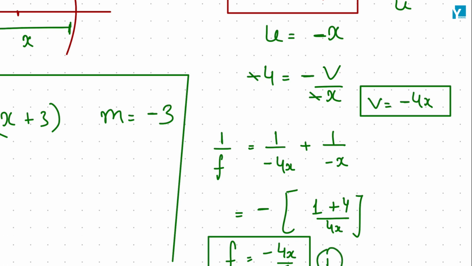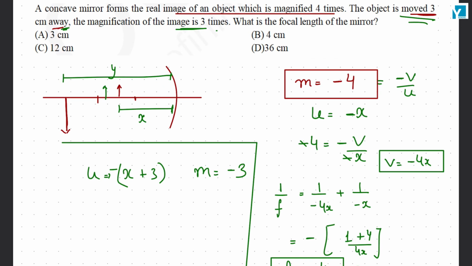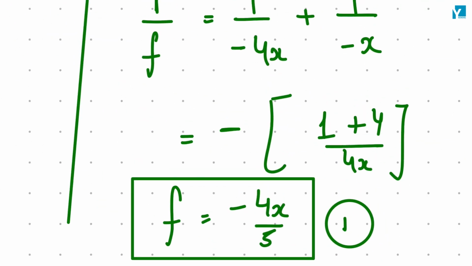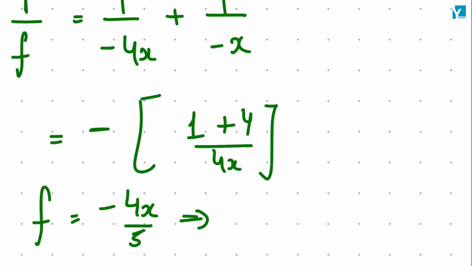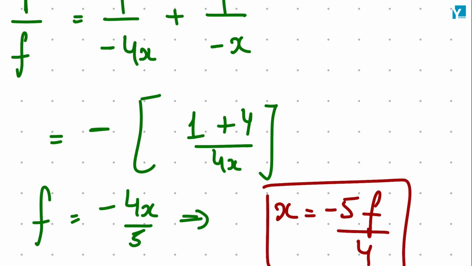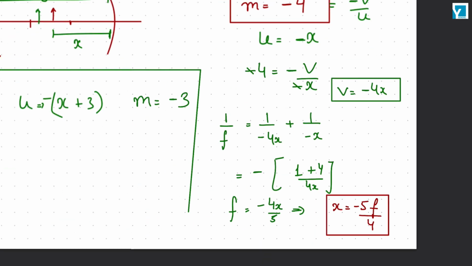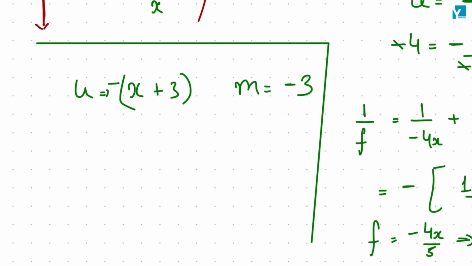Let's use this first equation to solve the second equation. And instead of focal length, we'll replace it with x. So instead of using this equation, we'll just convert it into an equation of x. We'll write it as x is equal to 5f upon 4 with a negative sign. So we can eliminate x from the other equations.